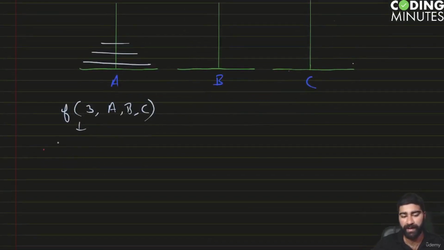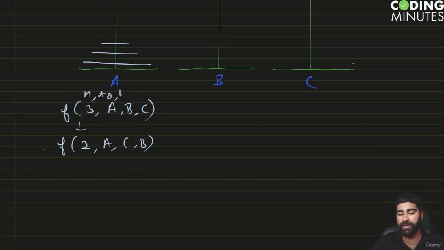Which is f2, now the from rod is a still, and move this disk to b by using c, right? So just don't forget this, from help to, right? So this is what we are generally doing.